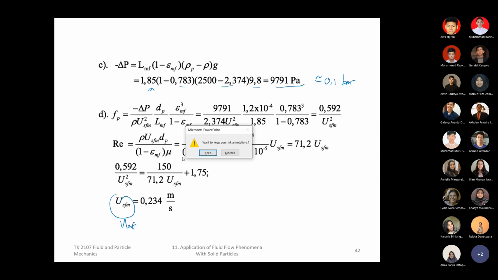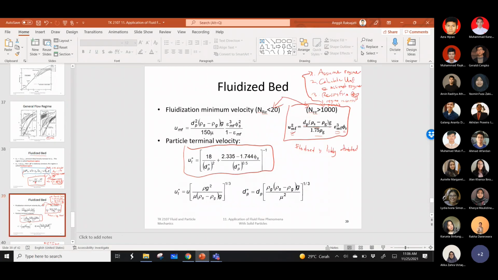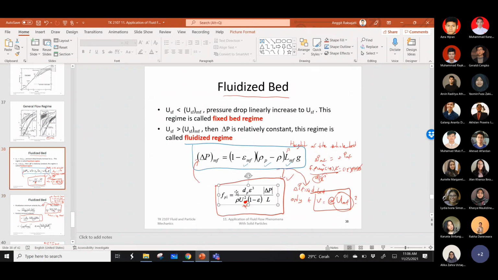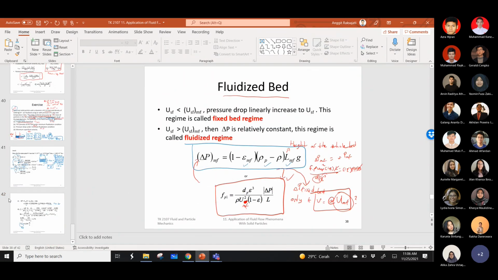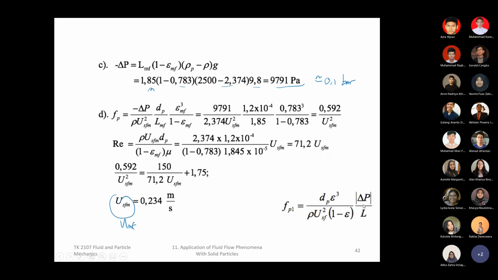Let me copy paste the initial formula first. It's actually provided over there. So this is actually calculated at UMF. Here, this is already known from that number.